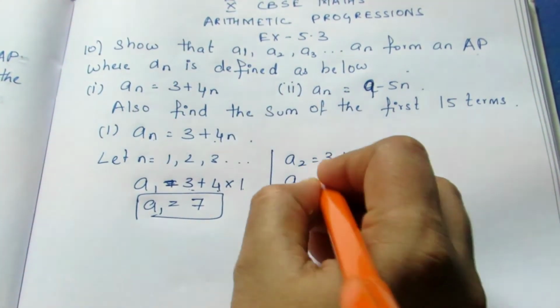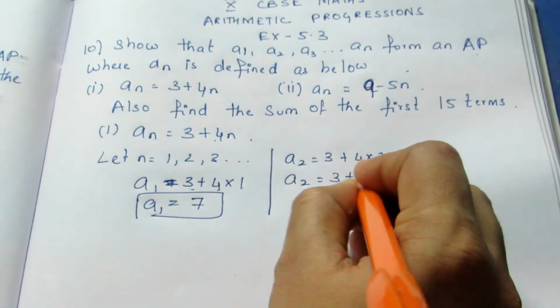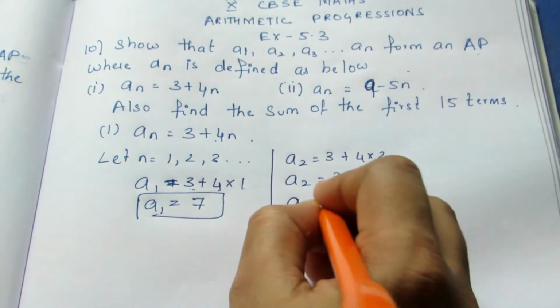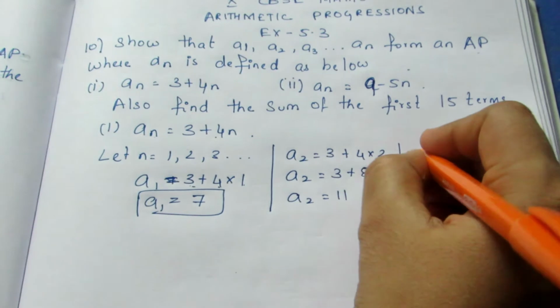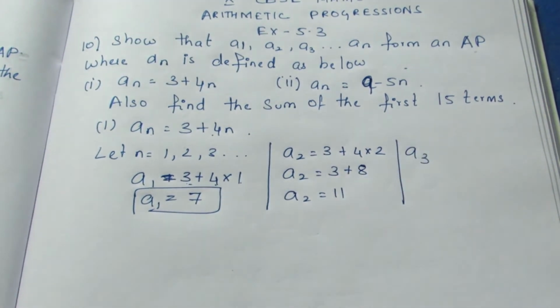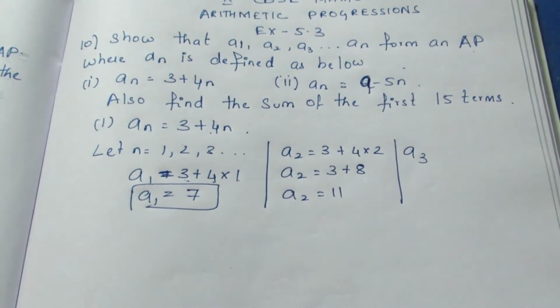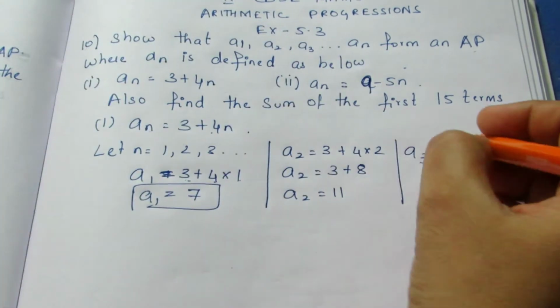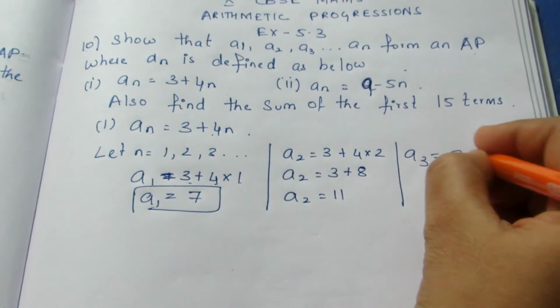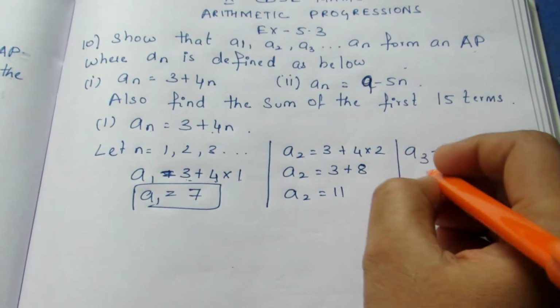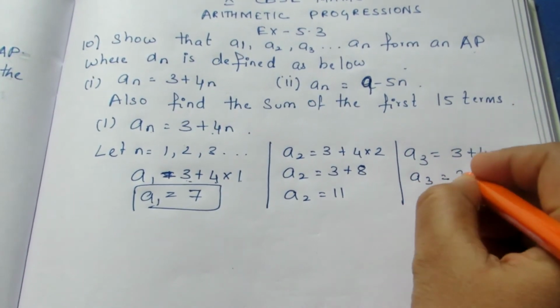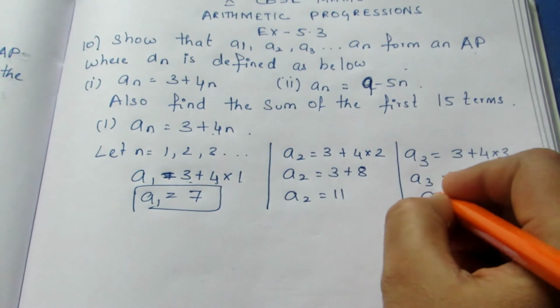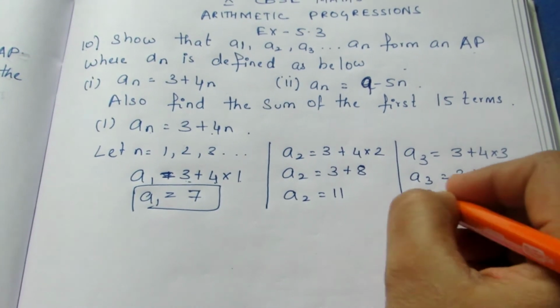Here a2 equal to 3 plus 4 twos are 8, which becomes 11. Similarly, I want to do a3, because to find whether it is an AP we want at least the first 3 terms. So 3 plus 4 into 3. A3 will become 3 plus 4 threes are 12. A3 will become 15.